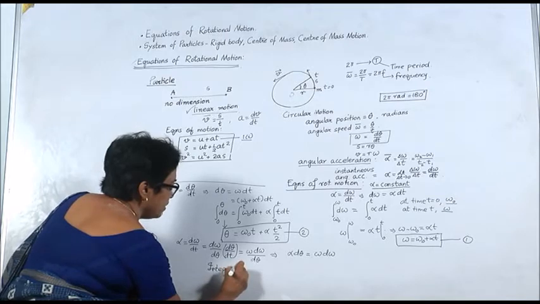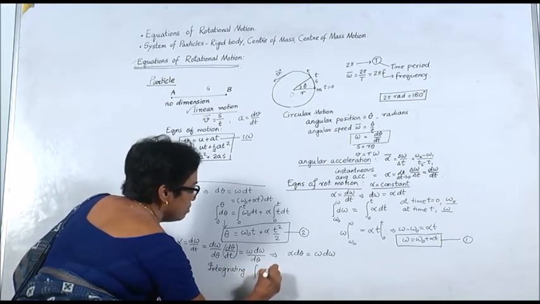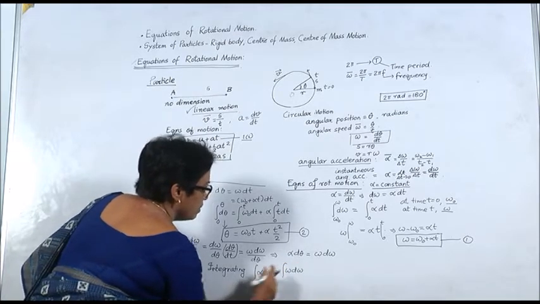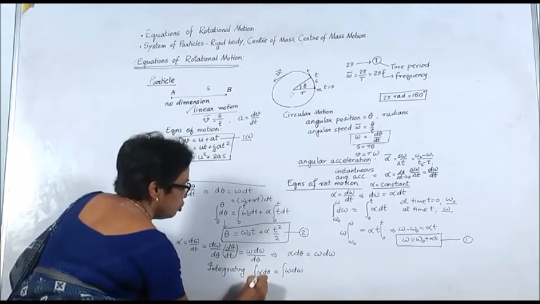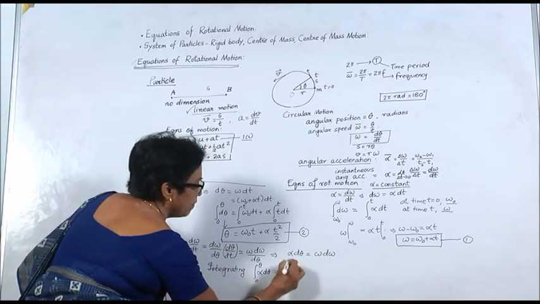If you integrate, on the left hand side it will be alpha d theta equals omega d omega, starting from 0 to theta, and omega changes from omega 0 to omega.